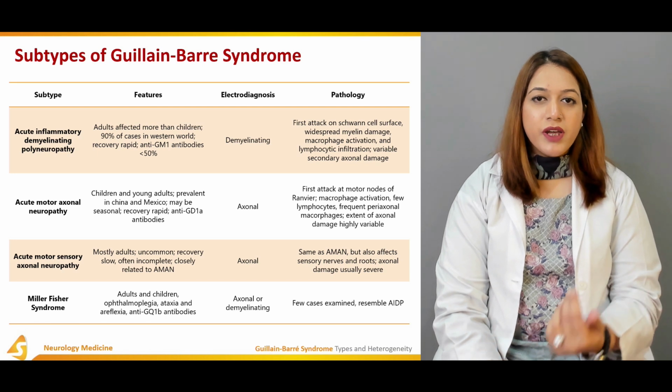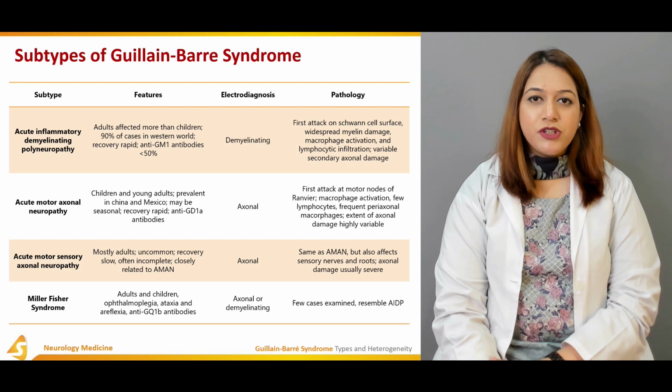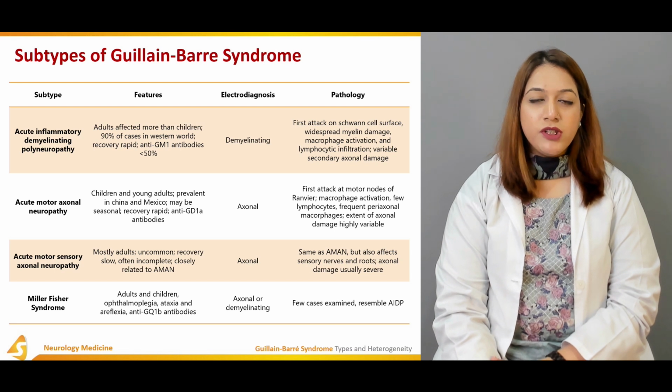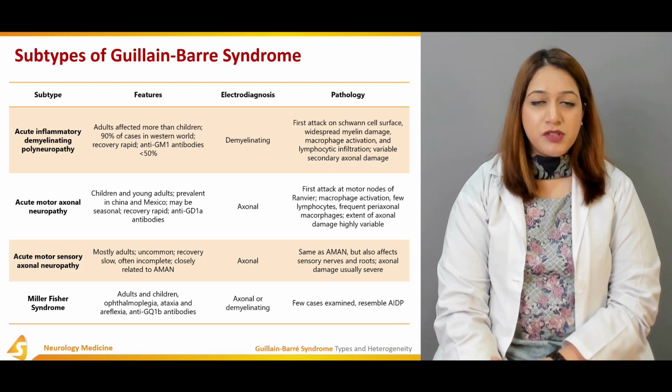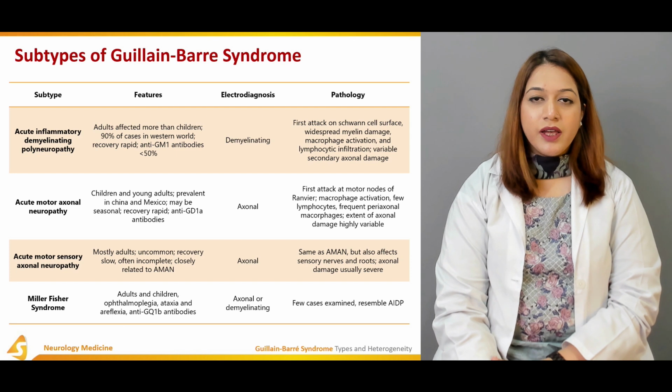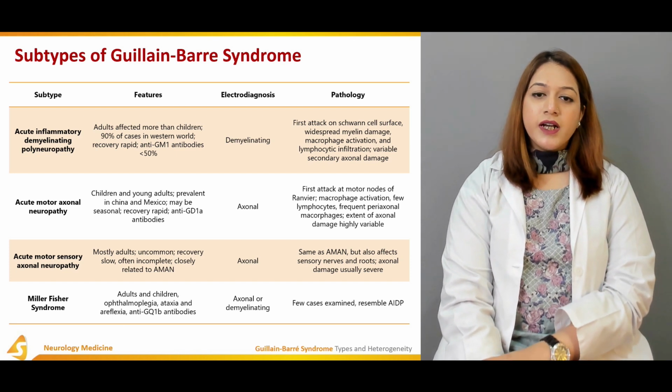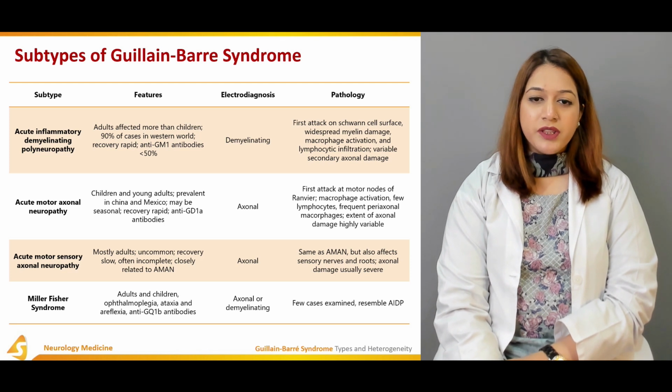If we talk about the other forms, there are certain axonal variants as well, which include acute motor axonal neuropathy and acute motor sensory axonal neuropathy. Both these axonal variants are severe in nature. If we talk about acute motor axonal neuropathy, children and young adults are affected more in this type.